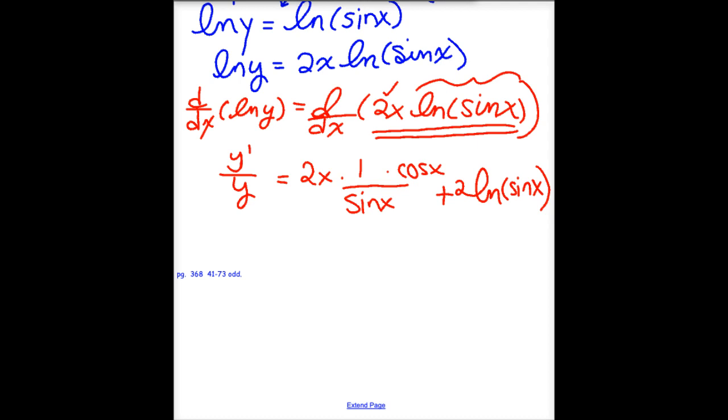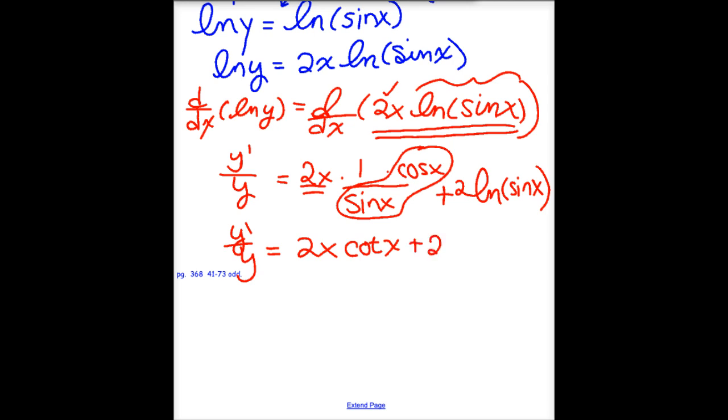Let's go clean up here. We've got y prime over y is equal to twice x cosine over sine, which is cotangent in disguise, plus 2 ln sine x.